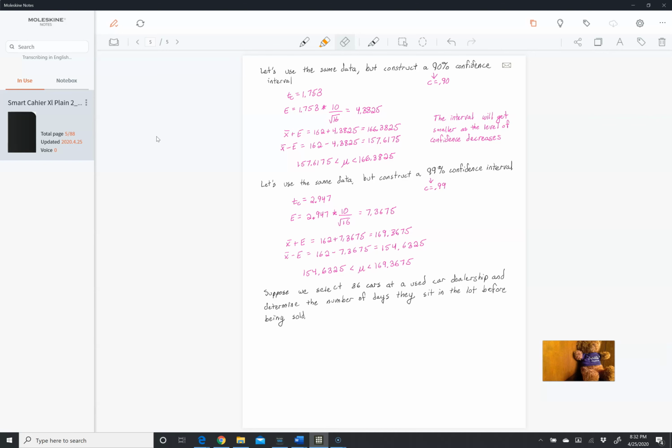Okay. The sample mean is 9.75. The sample standard deviation is 2.39. Okay, and we want to construct a 99% confidence interval.